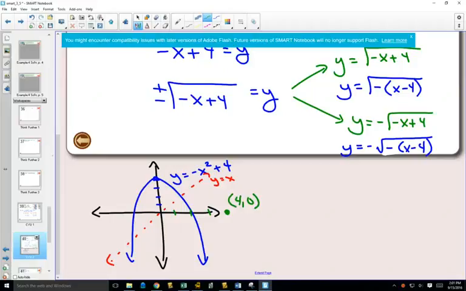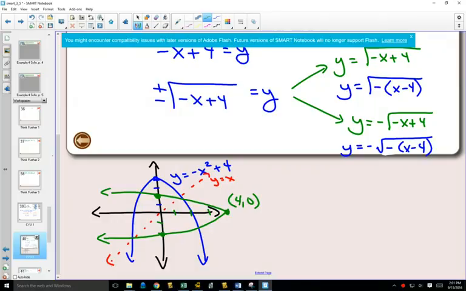What's going to happen to 2, 0? It's going to go to 0, 2. And this one at negative 2, 0. And if we switch the x and the y, that is the graph that we're going to get.